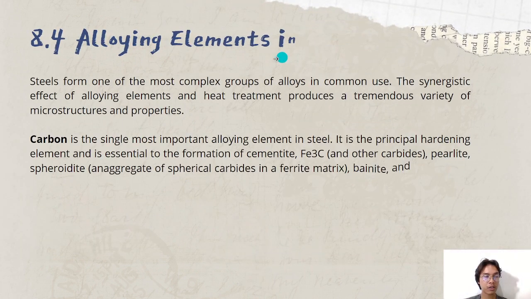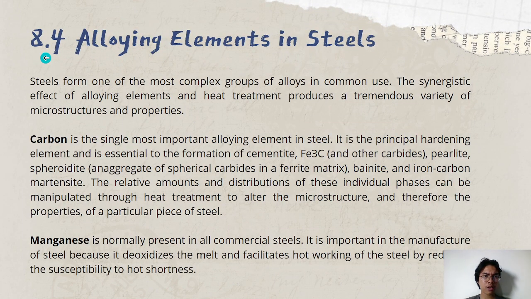You can see 8.4, alloying elements in steel. Steel is one of the most complex groups of alloys in common use. The synergistic effect of alloying elements and heat treatment produces a tremendous variety of microstructures and properties. Carbon is the single most important alloying element in steel.